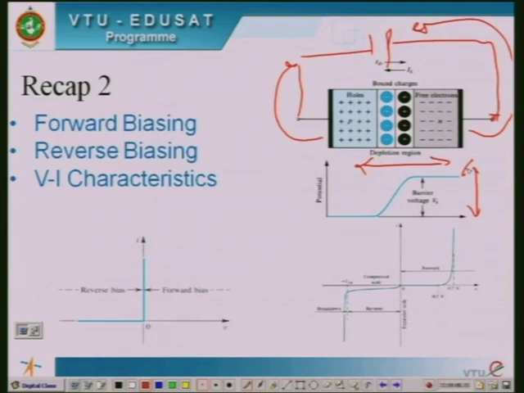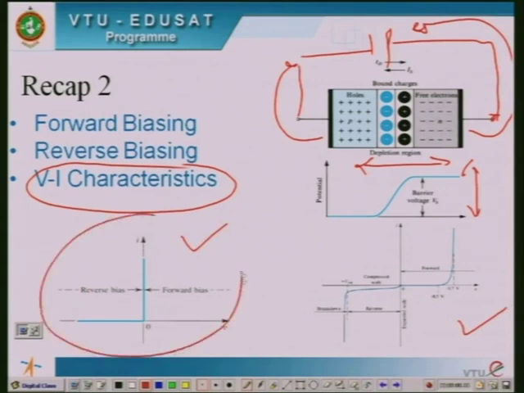And also we have discussed the VI characteristics: the VI characteristics of an ideal diode, as well as those of the practical diode. In the VI characteristics of the ideal diode, for V less than 0, the current is 0. For V equal to 0, the current will be infinite.